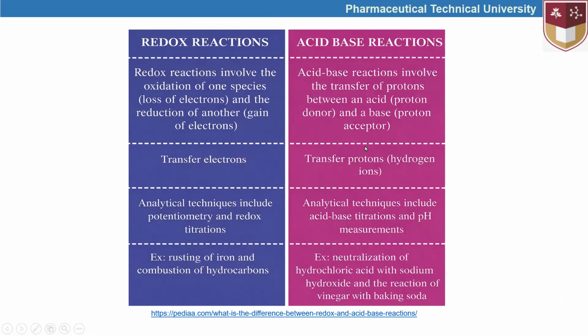So this is another main difference between redox reactions and acid-base reactions. And examples here can be rusting of iron and combustion of hydrocarbons. And the examples here can be neutralization of hydrochloric acid with sodium hydroxide, forming sodium chloride and water, or the reaction of vinegar with baking soda.